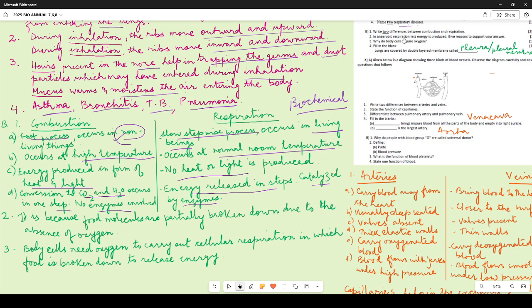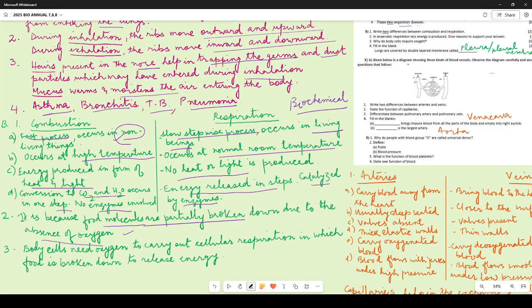In anaerobic respiration, less energy is produced. Give reasons to support your answer. So, what happens in anaerobic respiration? The food molecules are partially broken down, not fully broken down, because oxygen is not present. That is why less amount of energy is produced.